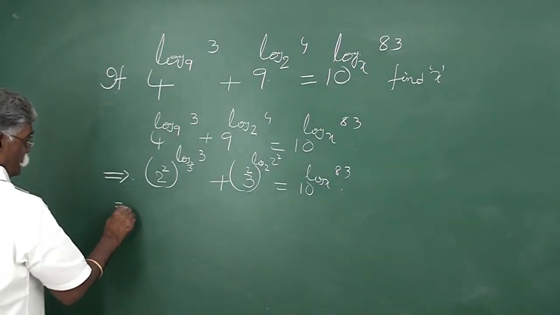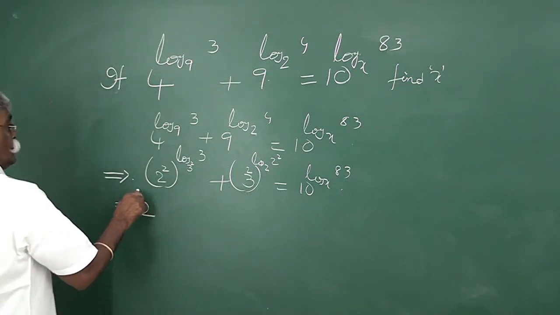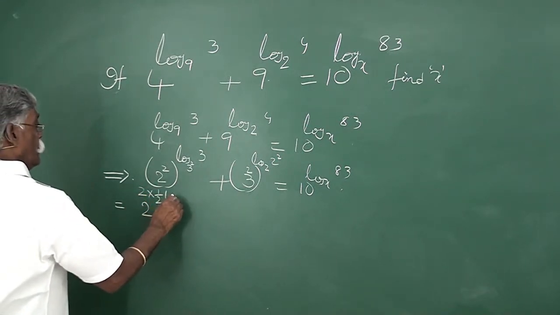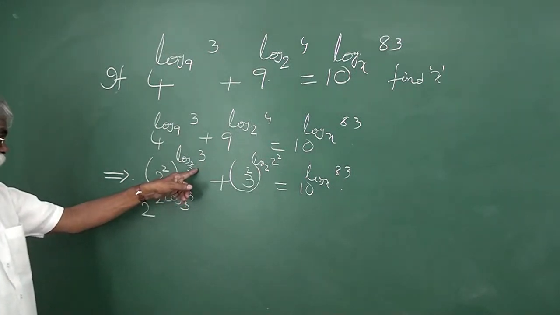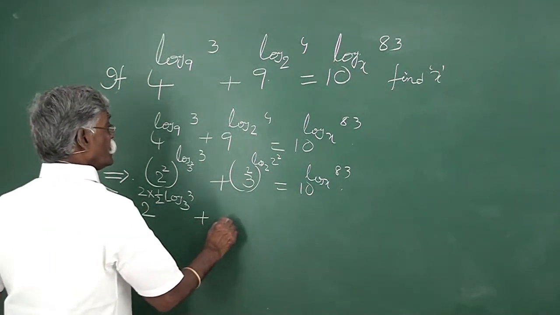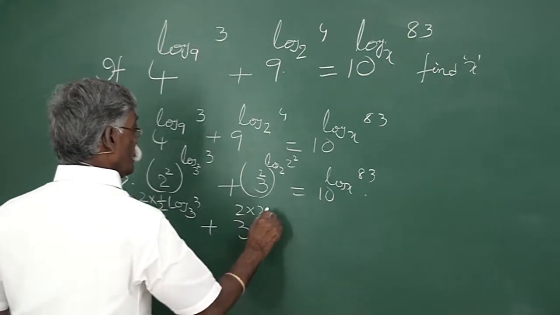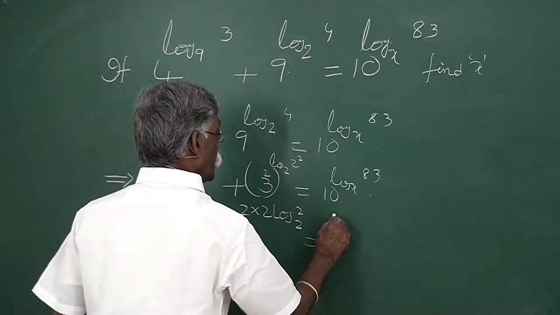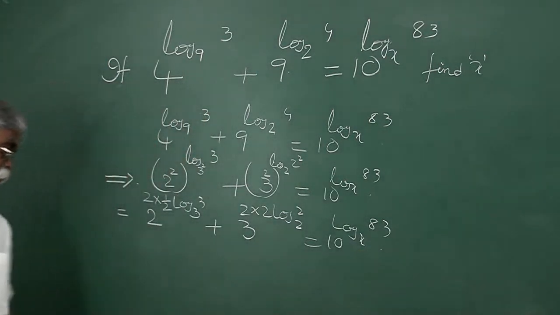So therefore this is 2 power 2 into 1 by 2 into log 3 base 3, because this 3 square it comes here 1 by 2, plus this is also 3 power, this is 2 into 2 log 2 base 2 equal to 10 power log 83 to the base 6.